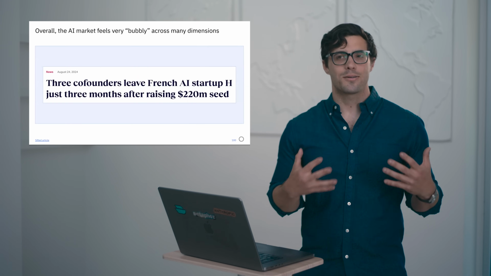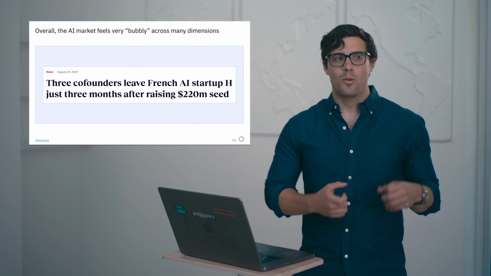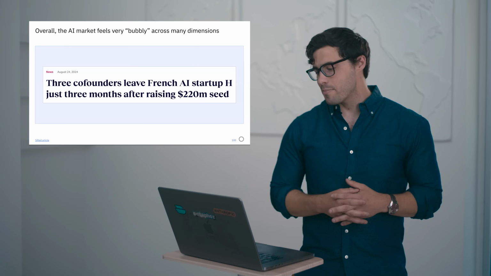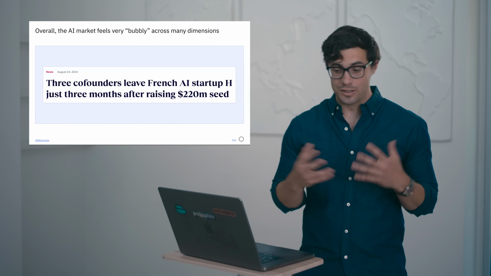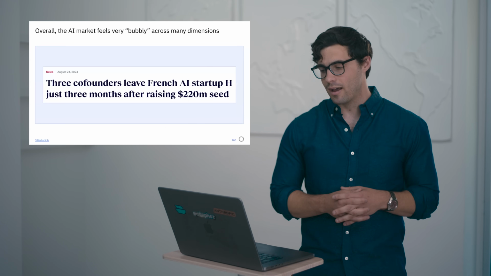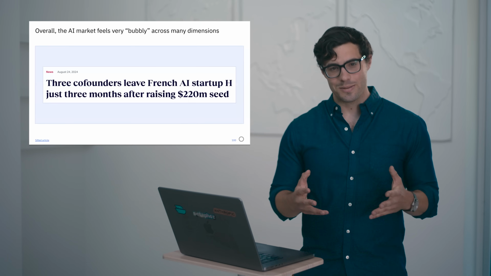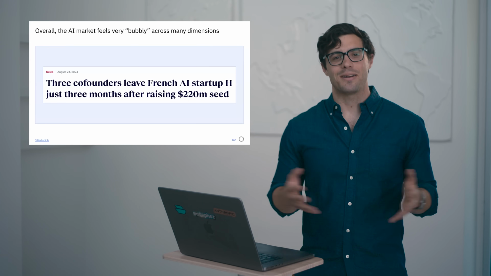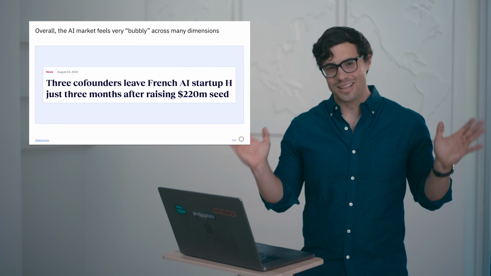And so overall, if I were to summarize, what's happening here is real, but the market also feels really bubbly. This is just one example that I found kind of humorous, interesting. There was a French foundation model startup called H, and they raised a $220 million seed, basically just on an idea. And within 3 months of founding the company, 3 of the key co-founders left, right?